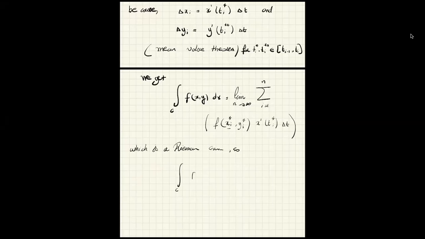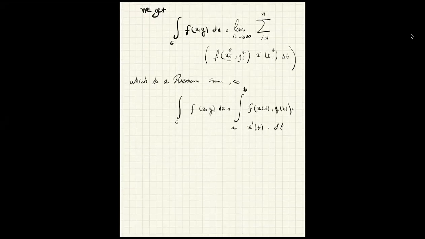So this line integral is actually the integral of the one variable function times x prime(t) dt, and now dt goes from a to b, right?